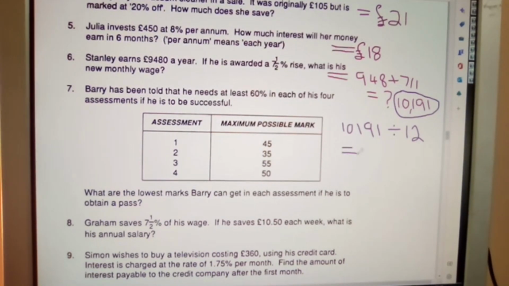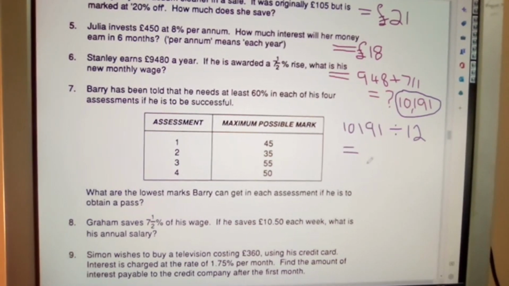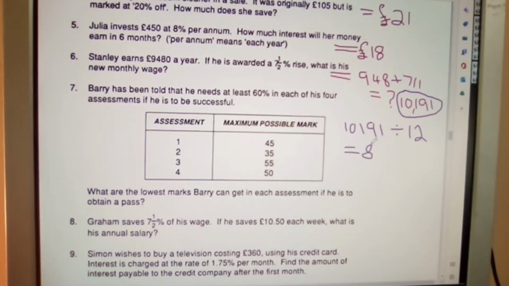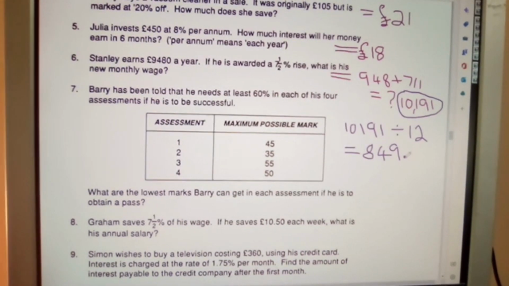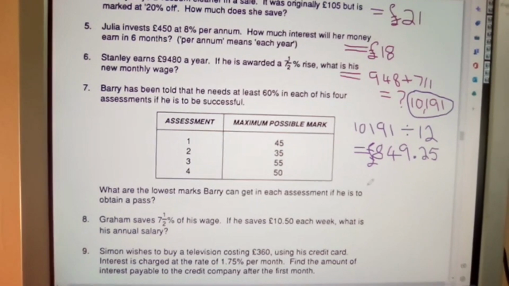That equals 849.25. Okay, and that's your solution for that question.